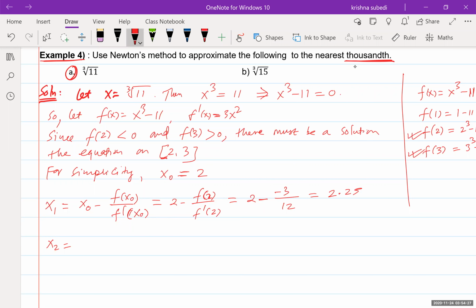By substituting those values, you get 2.25, and the next root will be x1 minus f of x1 over f prime of x1. I want you to try this on your own without looking, but if you need help, of course you can look at it, but I think you will be able to do it by yourself.